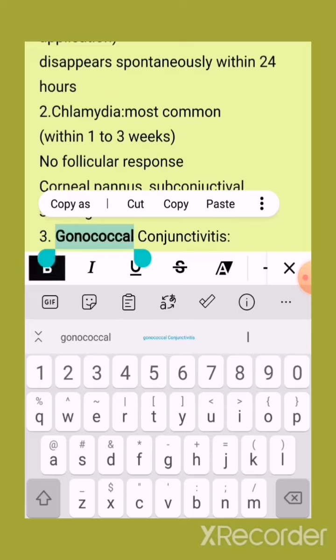It has the same mode of transmission from the mother during delivery, but the signs and symptoms are much more severe. There is bilateral, extremely purulent conjunctivitis, and corneal involvement is quite common in gonococcal conjunctivitis, and this corneal involvement, this keratitis, can lead to the sight being threatened to blindness.